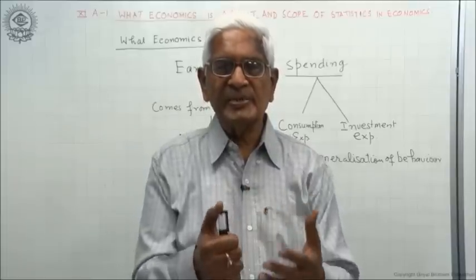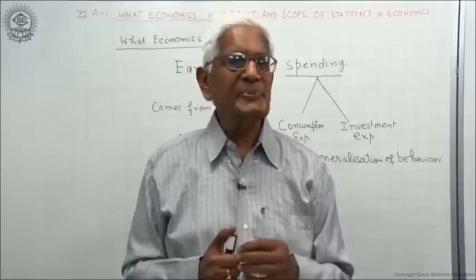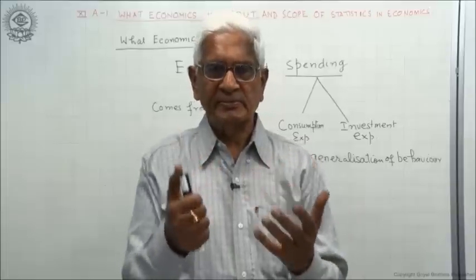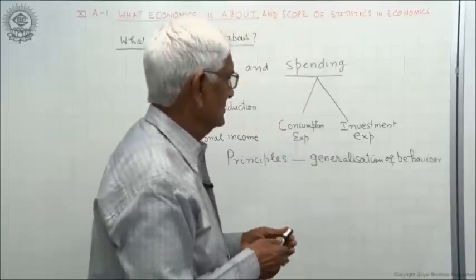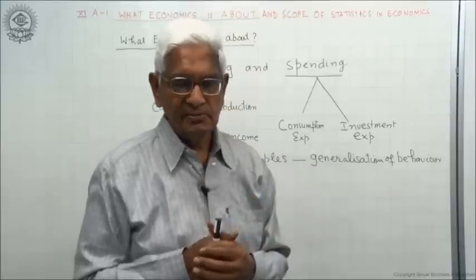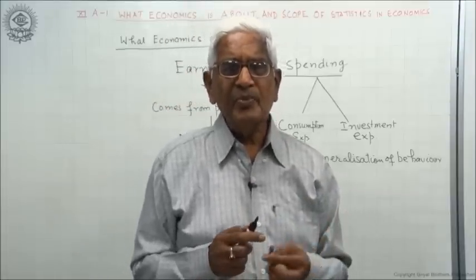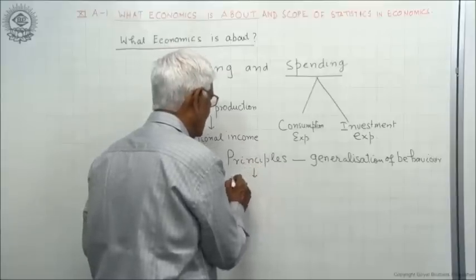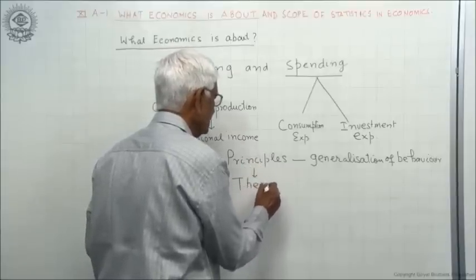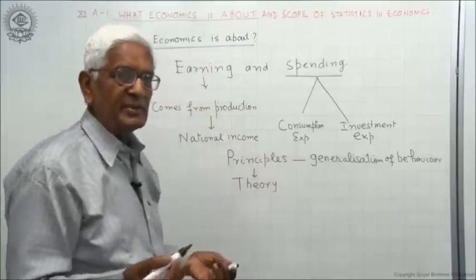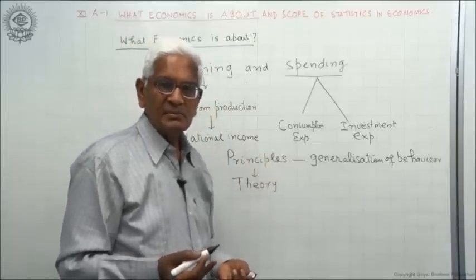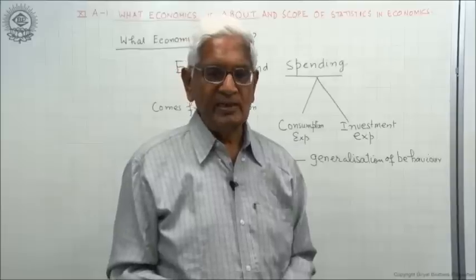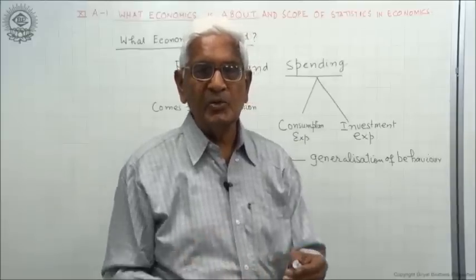So when we say economic principles, economic principles are nothing but generalization of behavior. There are some alternative names also for this. We also sometimes call it theory. Theory is also the same thing, generalization. What is likely to happen under these circumstances, that is a theory. अगर कंज्यूमर के पास ये हो तो कितना खरीदेगा, क्यों खरीदेगा, ये theory.